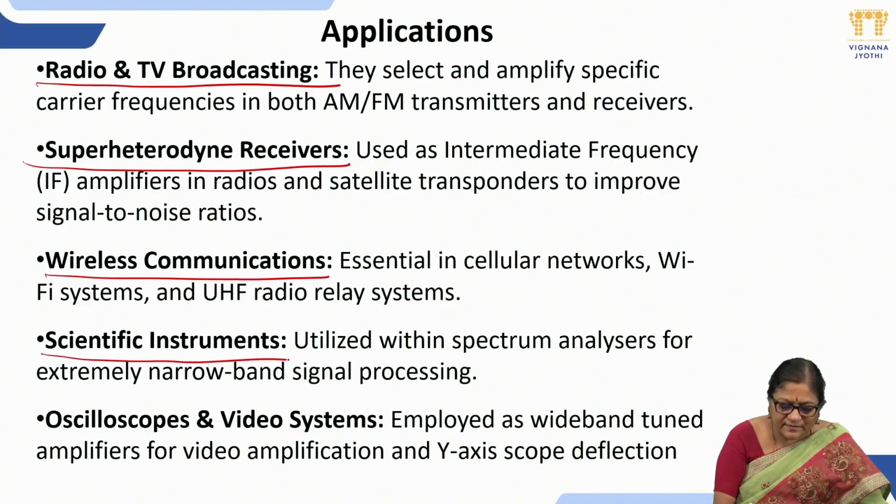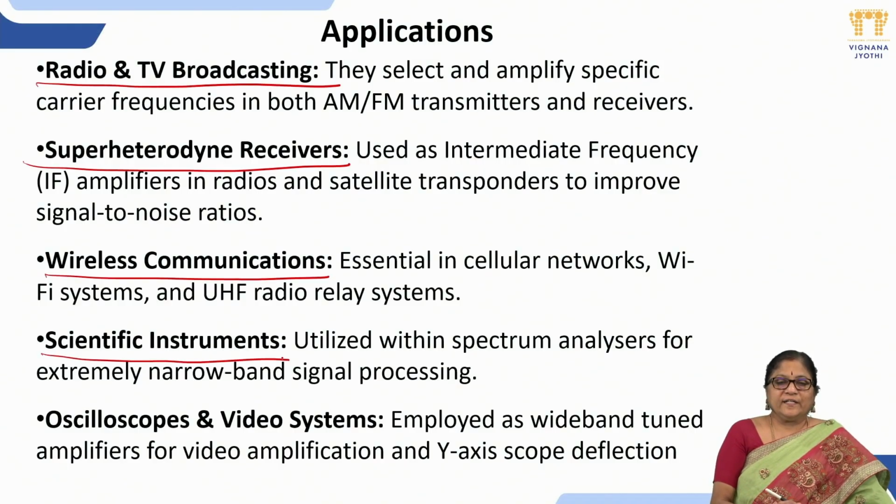Coming to scientific instruments, such as medical instruments or instruments used for research, spectrum analyzers are utilized. This is extremely narrow band signal processing, that is, selecting only a very narrow band signal and rejecting the other sources like noise. In instrumentation, we utilize tuned amplifiers to amplify at a particular frequency and reject the remaining unwanted frequencies.